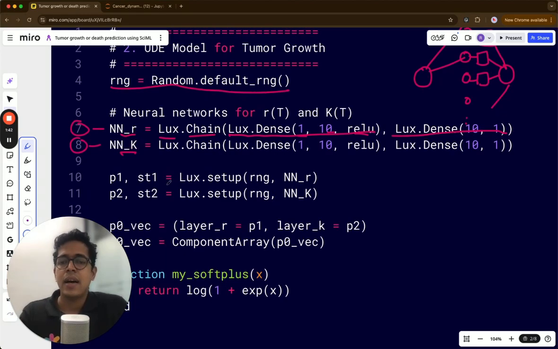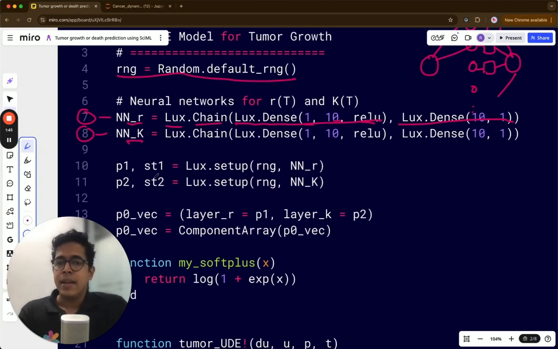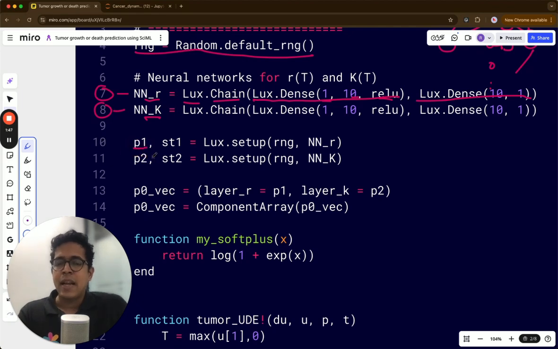So that is NN_R and NN_K. Then you have the neural network initial parameters p1, p2 for neural networks 1 and 2. st1 and st2 are the states of the neural networks, which allow for batch processing of the data. In generating p1, p2, st1, st2, you pass the random number generator as well as the neural network architecture into the Lux.setup function.